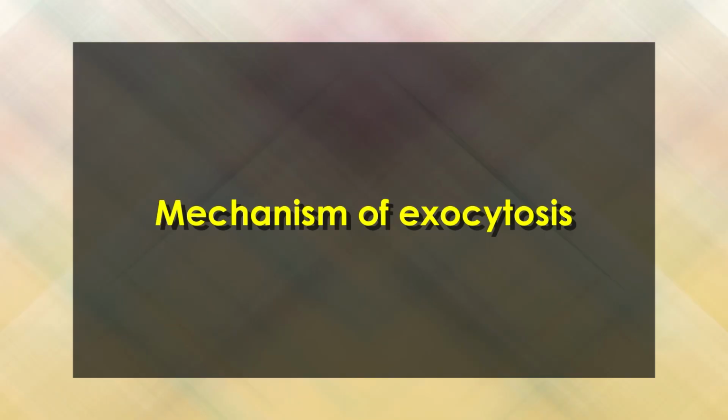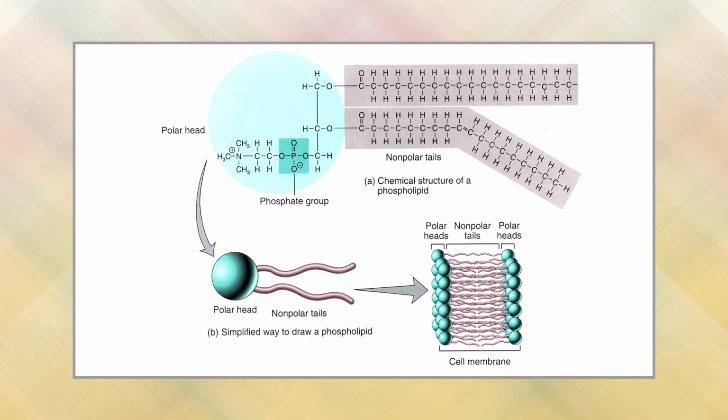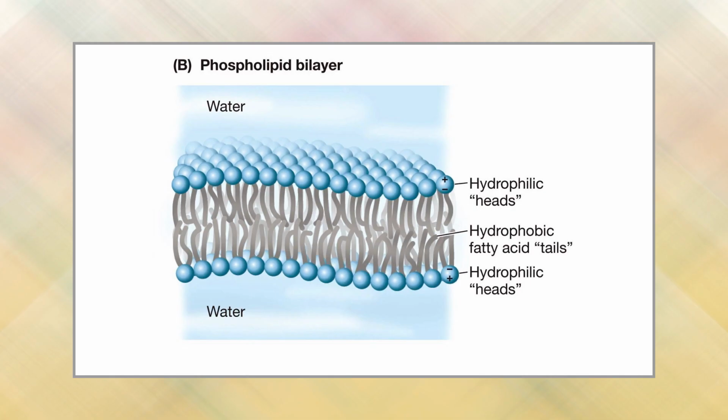Dear students, let us now discuss the mechanism of exocytosis. The mechanisms controlling regulated exocytosis were largely discovered in the 1990s. Contrary to early ideas, membranes normally do not fuse together spontaneously. This is due to the negative charges associated with the phospholipids that make up the lipid bilayer of the membranes of vesicles and organelles.